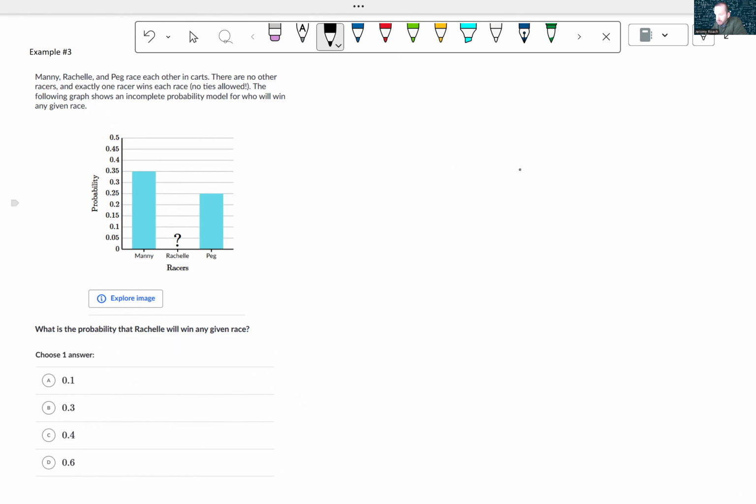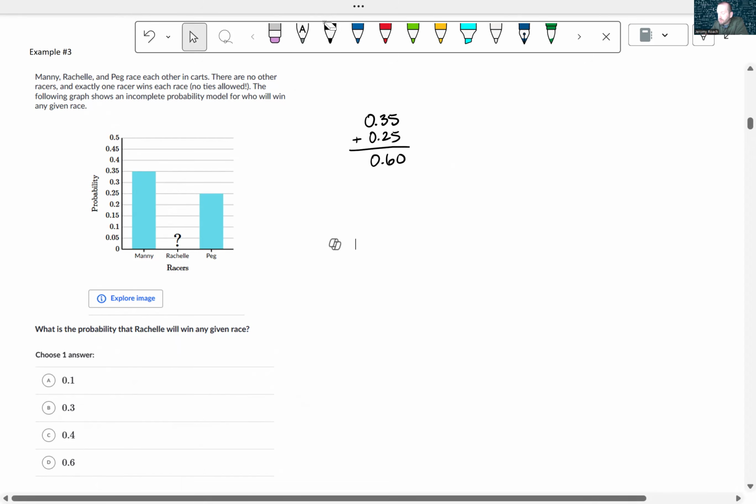This shows an incomplete probability model for who's going to win, and we want to find the probability that Rachel will win a race. So Manny has a 0.35 probability. Peg has a 0.25 probability of winning, and that puts us at 0.60. So for Rachel, let me write it in probability notation.